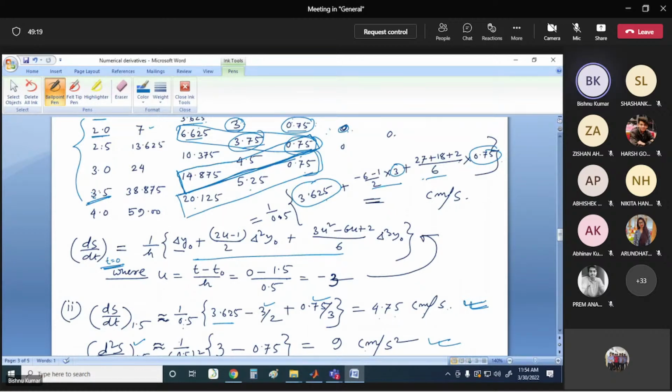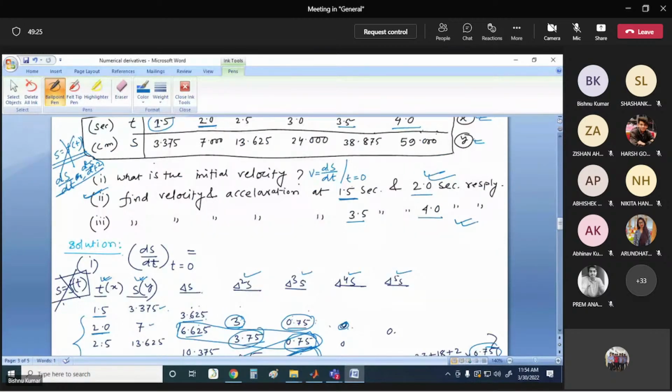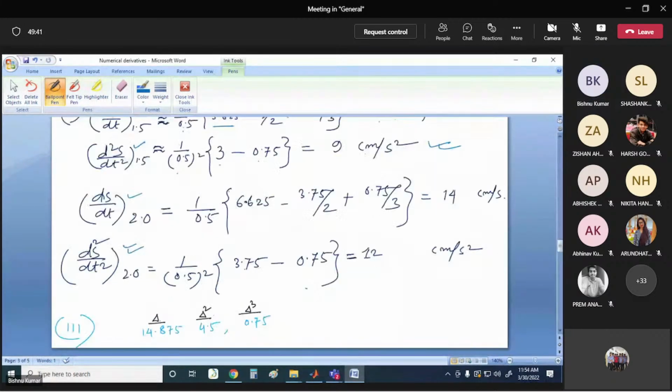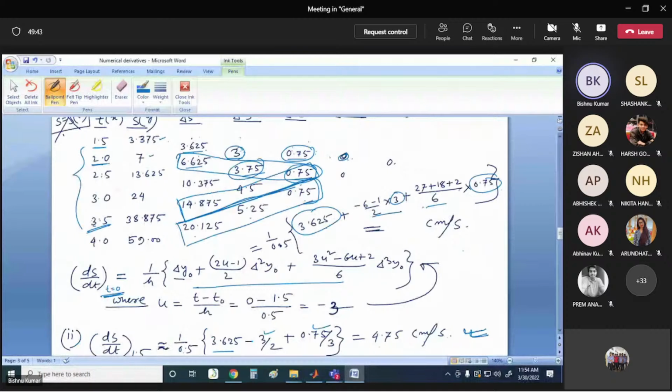Is it clear how this question is solvable? Yes, sir. Okay. So for any data set, at least the first derivative or second derivative at the first point, second point, last point or second last point will be asked. Sometimes the second derivative will be asked.